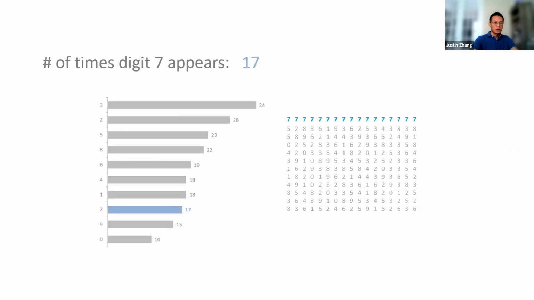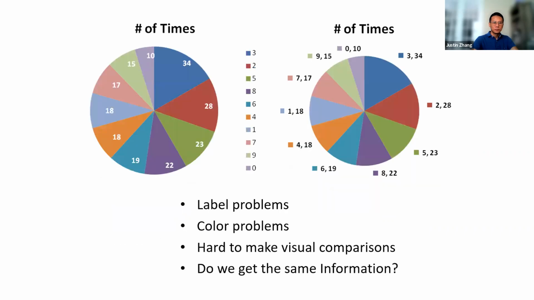We can also reorder the bar chart to make it easier to interpret. Compare the information we can obtain from the bar charts to these pie charts. Do you think it is easy to answer the questions as quickly and easily with these bar charts? Can we get the same information with the pie chart?